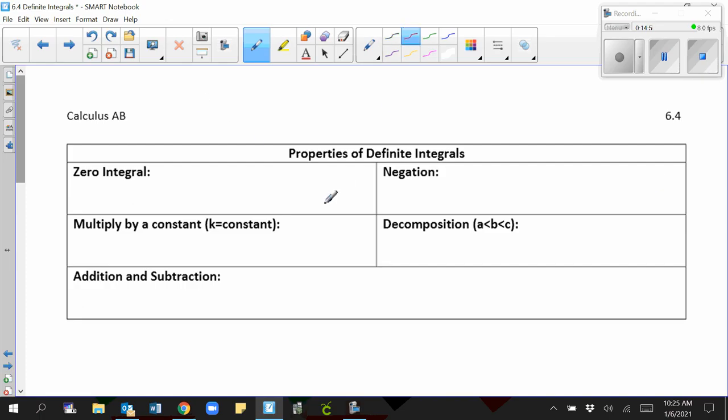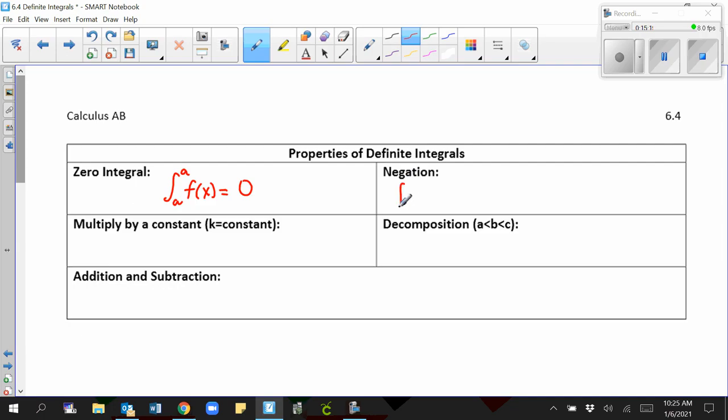Some properties, some rules that you're going to need to remember: the zero integral. So that means that if I have an integral that's going from one point to the same point of my function, that is going to be 0 because it's just a point. There is no area between the curve or anything because it's just at one specific point. Next is negation.